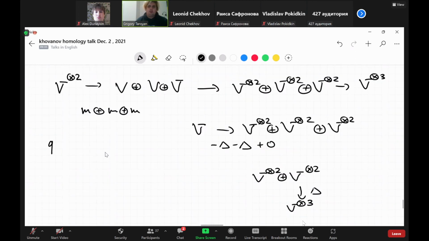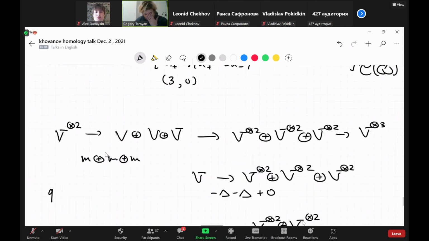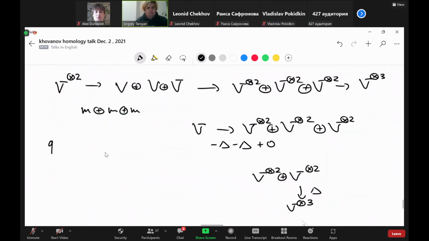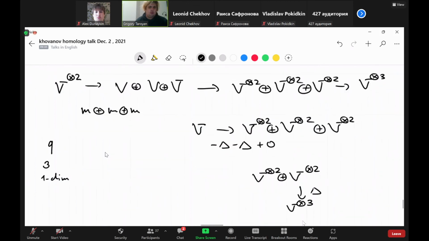So we have, sorry, one moment. We have one-dimensional cohomology in degree 3. We have one-dimensional cohomology in degree 2.